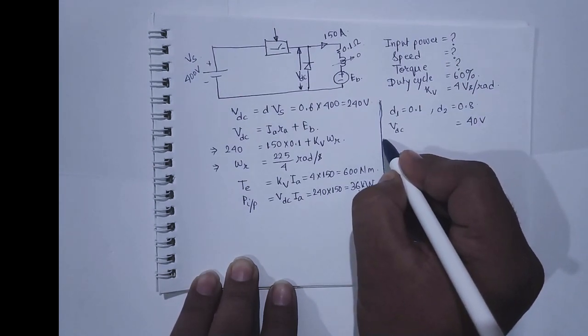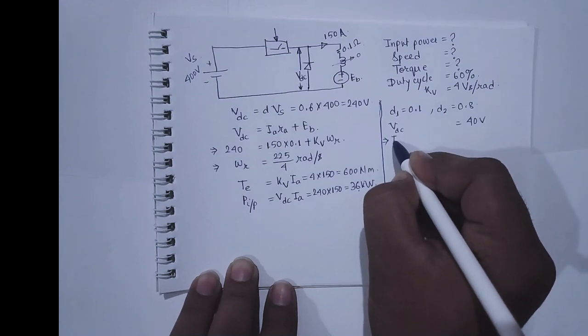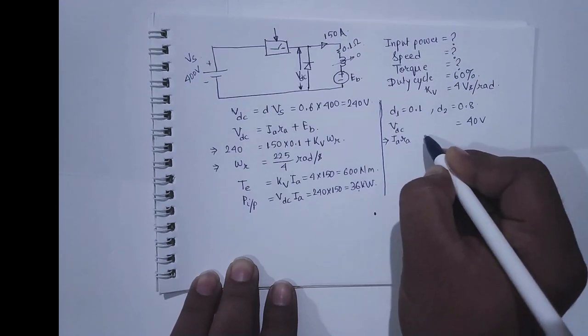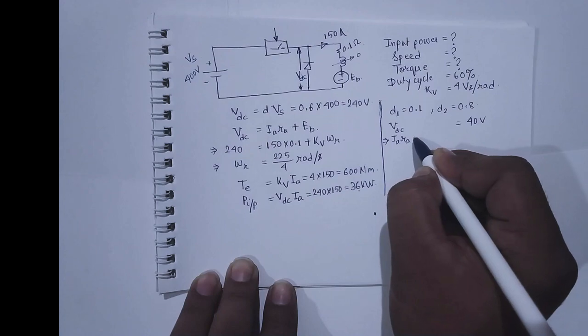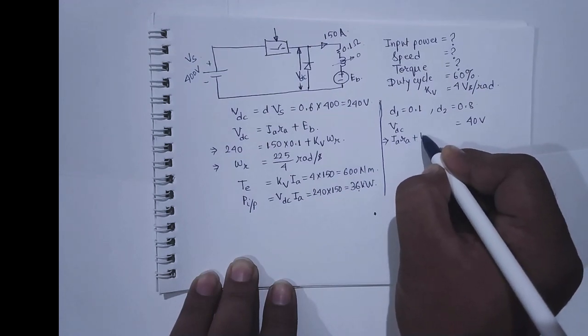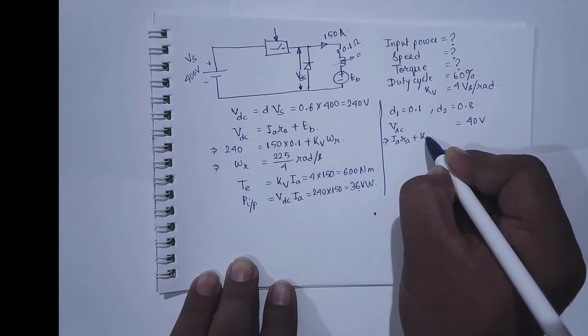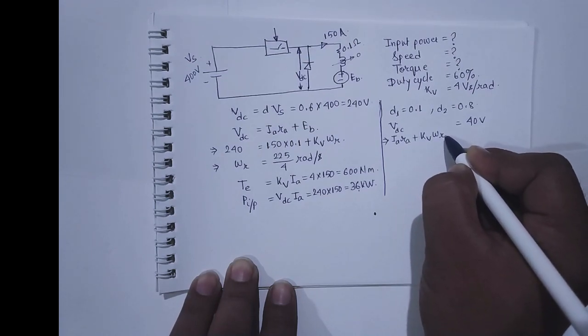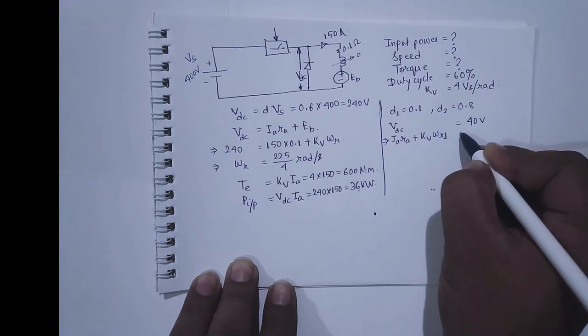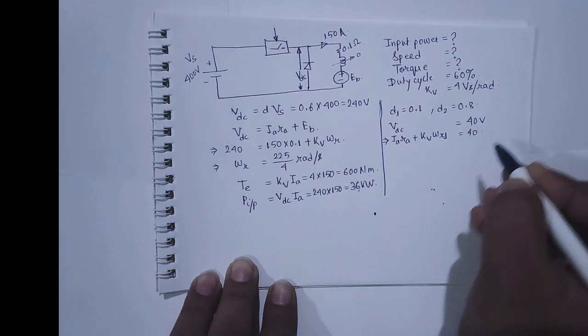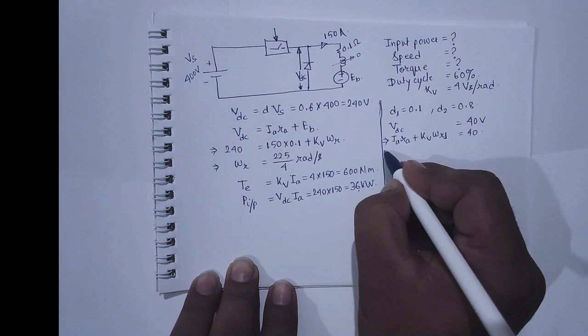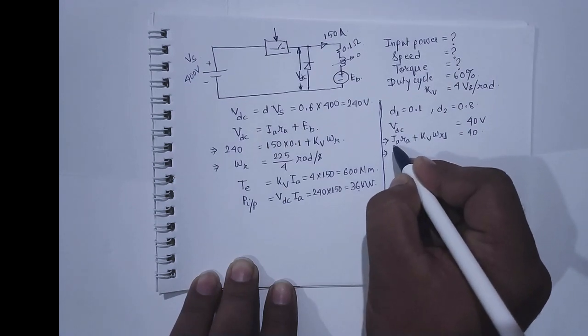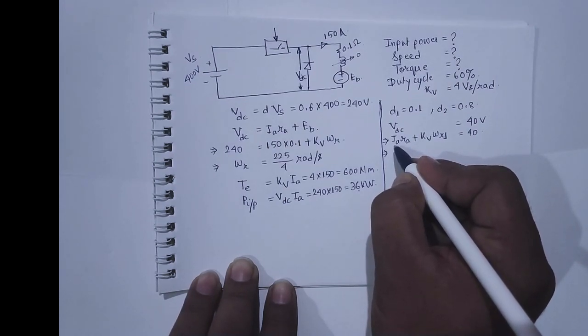Now this VDC will be divided into IA RA plus EB, which can be written as kV into omega R. Since the load is constant, IA will be constant.